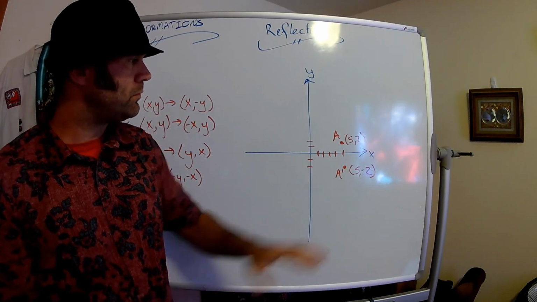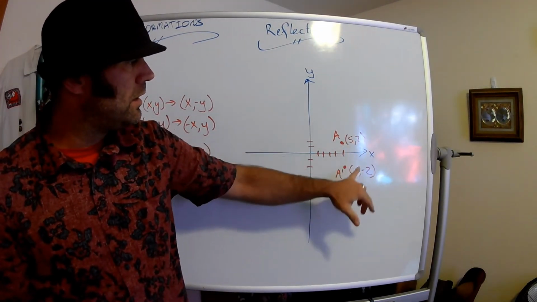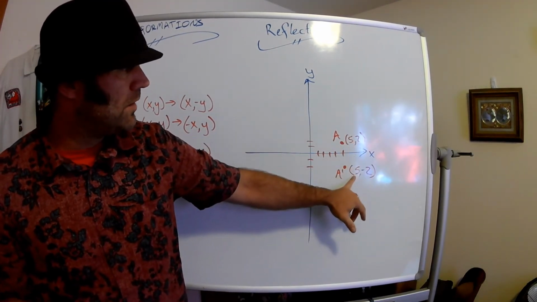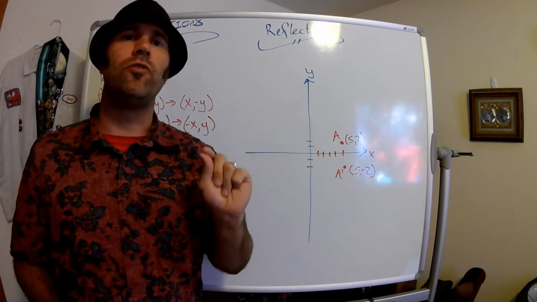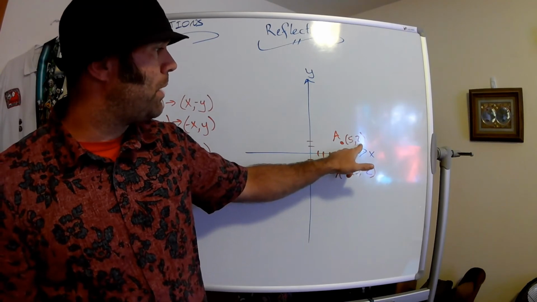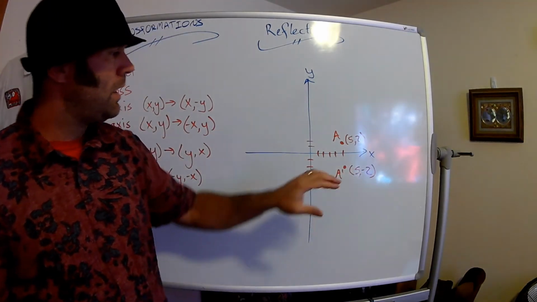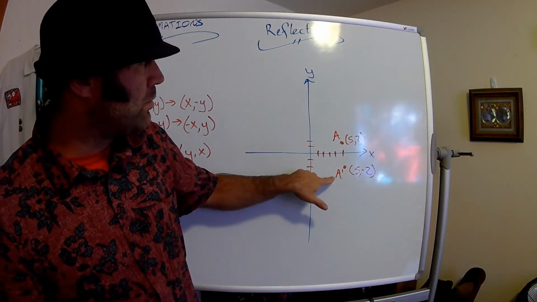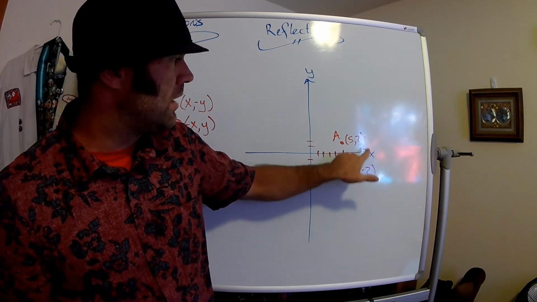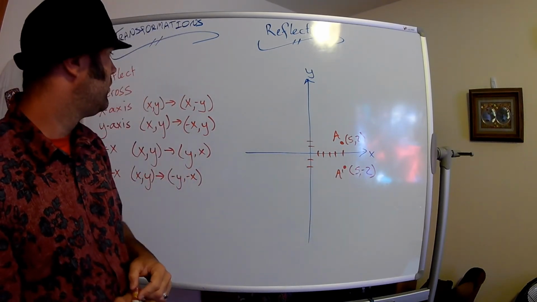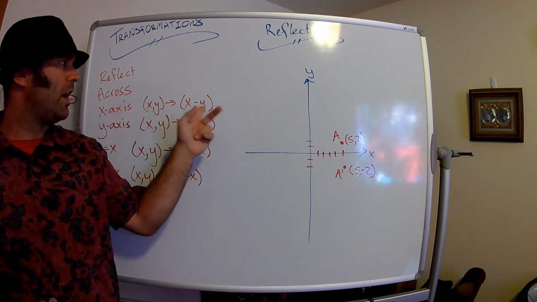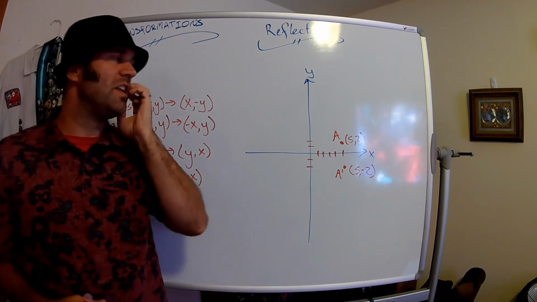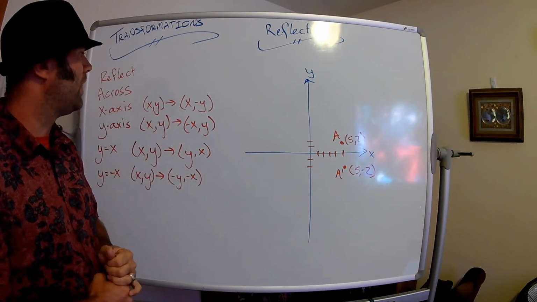Okay? And we notice that x stayed the same value, but y changed sign. It went from a positive to a negative. And if we were to reflect A prime to A, the negative would become a positive. So whatever our values of x and y are become x comma negative y, or the negative of whatever sign it is.